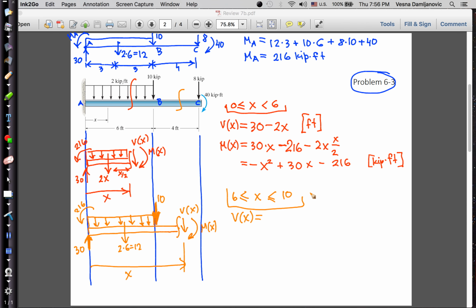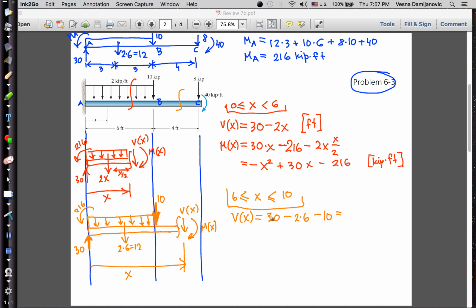So let's calculate. V of x is equal to, again, 30. Basically, you'll be copying this whole thing, minus, but now instead of 2x, you have 2 times 6, because it's not x anymore, it's 6. So it's 2 times 6, which is 12, then minus 10, that's this force here, and that's it.